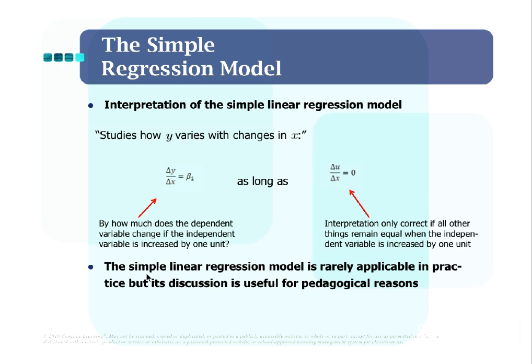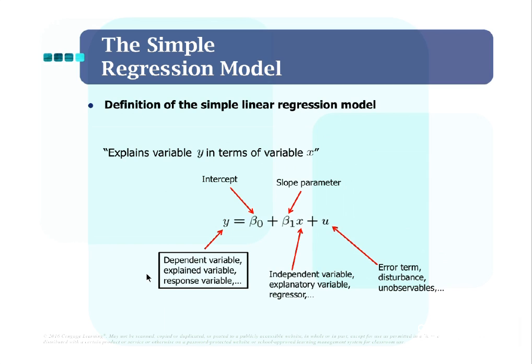In the simple linear regression, we assume that the relationship between x and y has a linear functional form. So this is the linear function. As I said, a linear function. In a linear function, you only have multiplication and the summations. And there are many alternative names on this y variable and x variable.